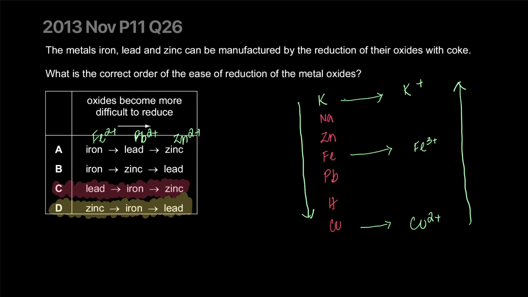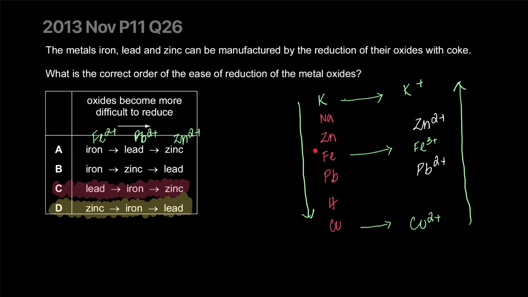Let me just fill it out. It's slightly easier to visualize. I have lead 2 plus and zinc 2 plus, right? So zinc metal is the easiest to react and turn into an ion between the three. But zinc ion is the most difficult to turn back into a metal out of the three, right?